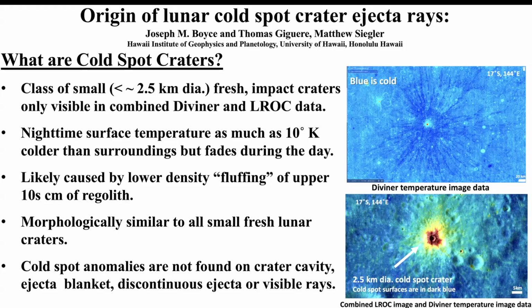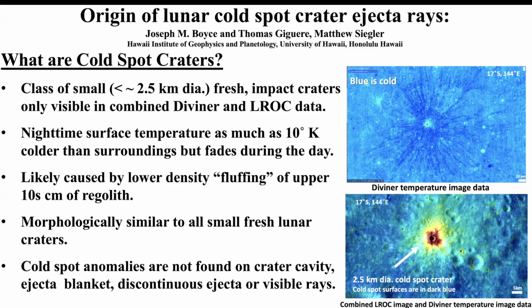Okay, so today we're going to talk about the origin of lunar cold spots in ejecta rays. So let's define what they are first of all. If you're not familiar, they are a very interesting phenomenon. A class of small, less than 2.5 kilometer diameter craters.